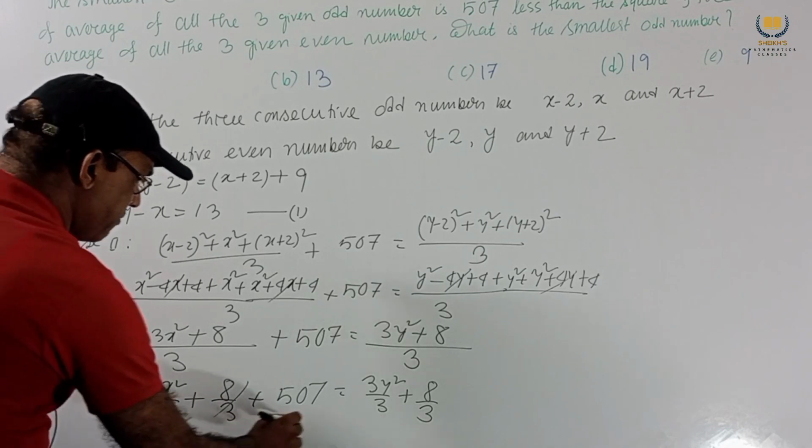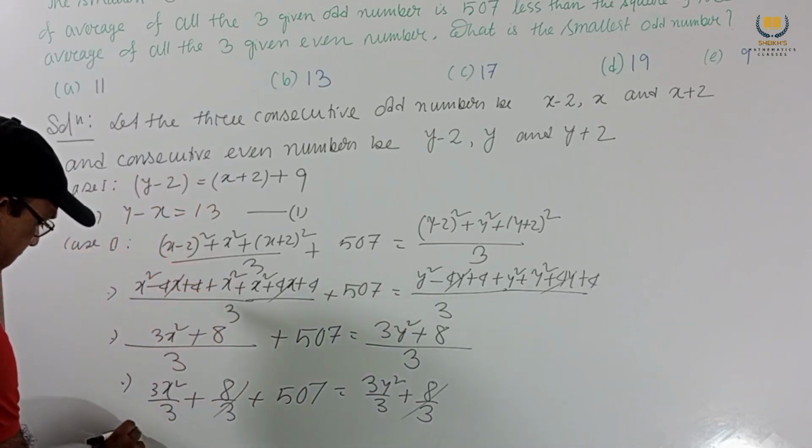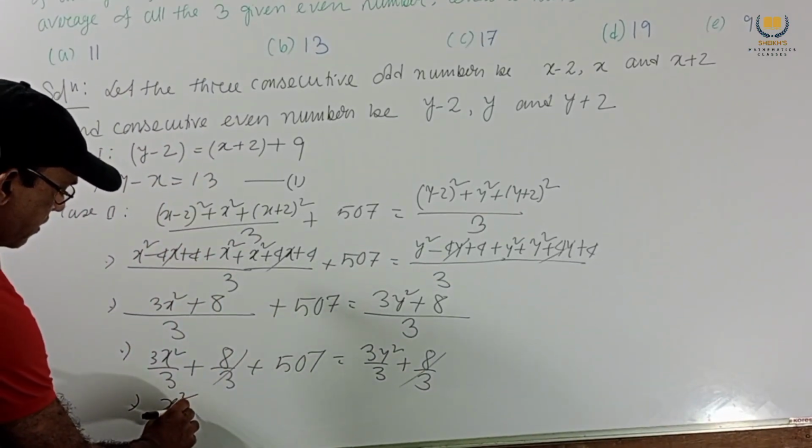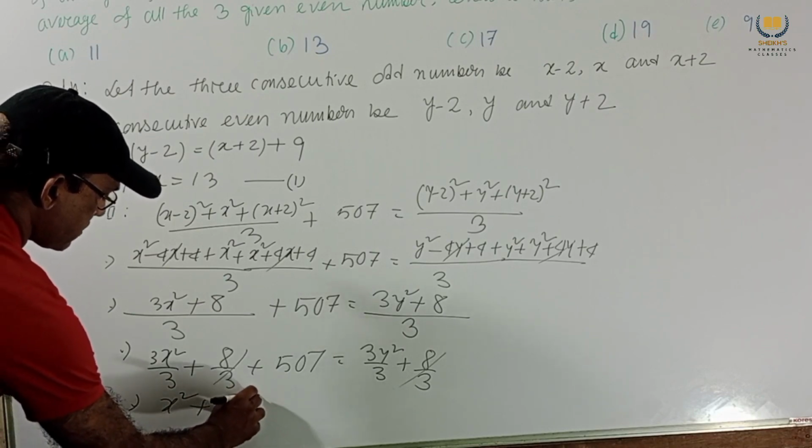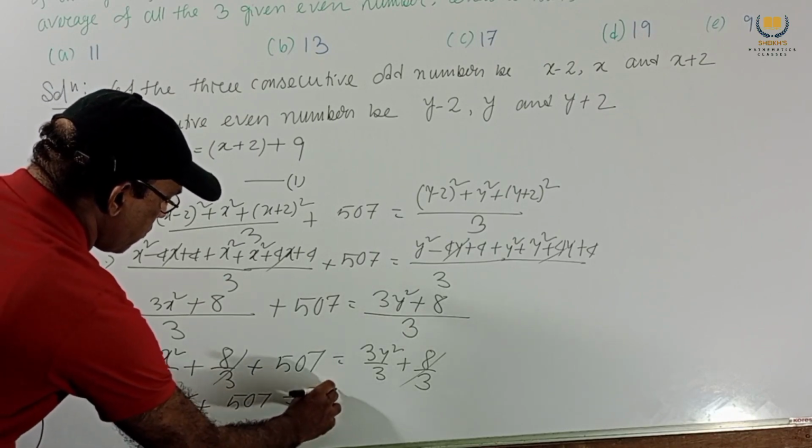Then 8 by 3 cancels, 3 cancels, and we get x square plus 507 equals y square.